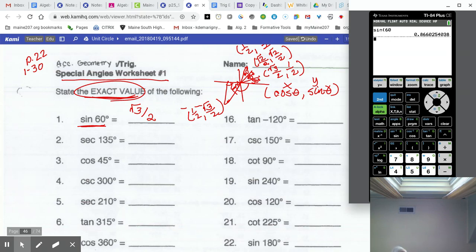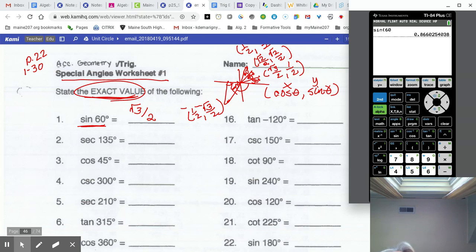Remember that you are running backwards because they rotate backwards. They rotate clockwise if they're negative. They rotate counterclockwise if they're positive. So if I'm doing the tangent of a negative 120 degrees, I'm actually looking for the negative negative.